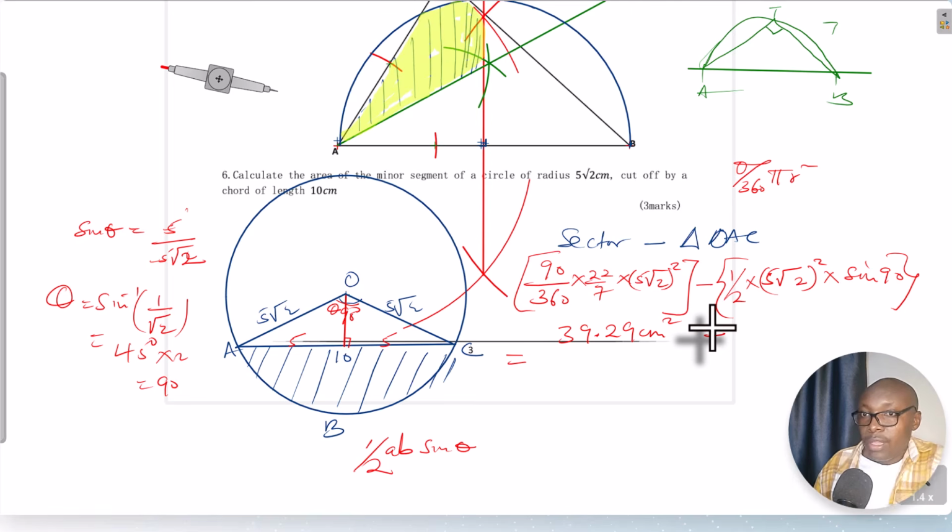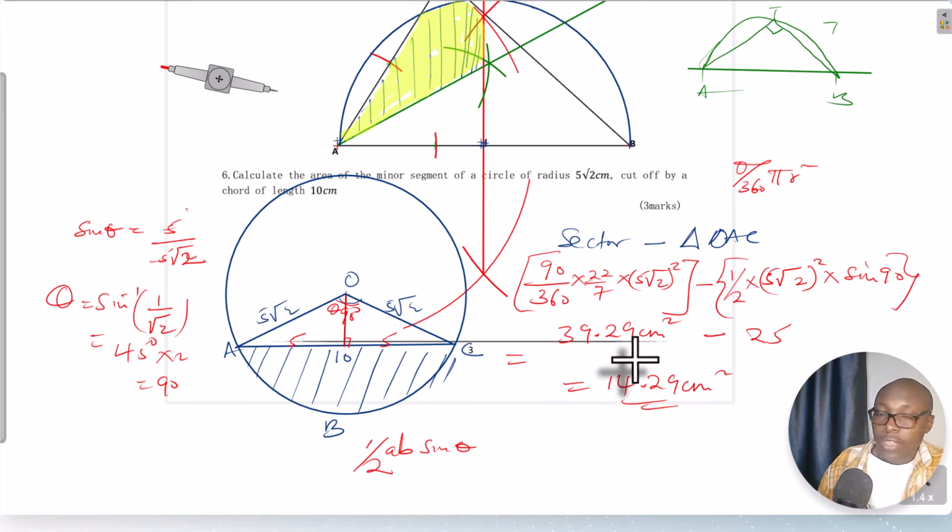Then the other one, 5√2 squared will be 50, times sine 90, which is 1. Then we divide by 2, that will be 25. So when you subtract, 39.29 subtract 25 gives 14.29 centimeters squared. So that is how you're supposed to solve that part. We go to the next question.